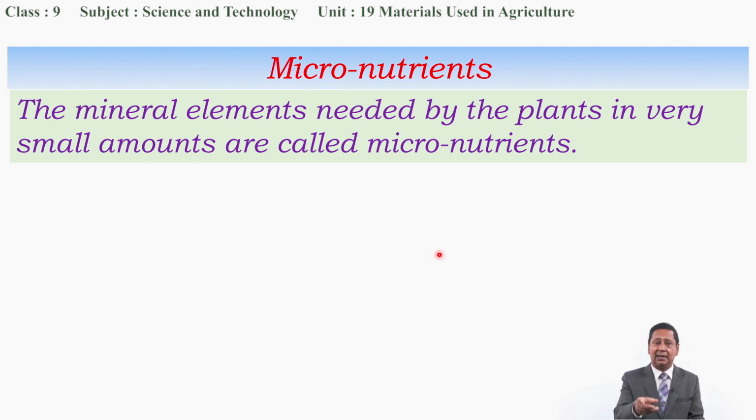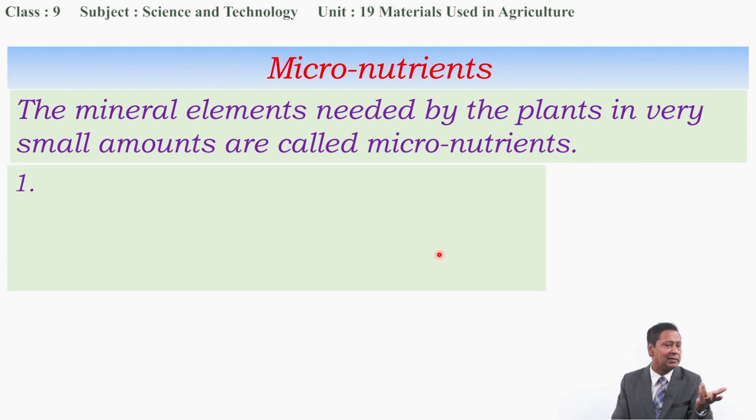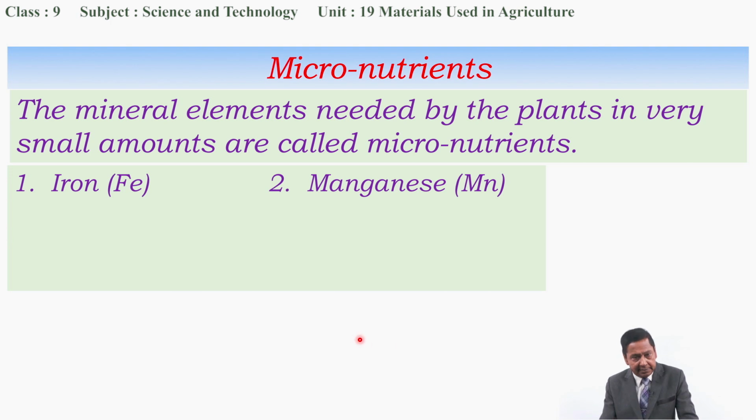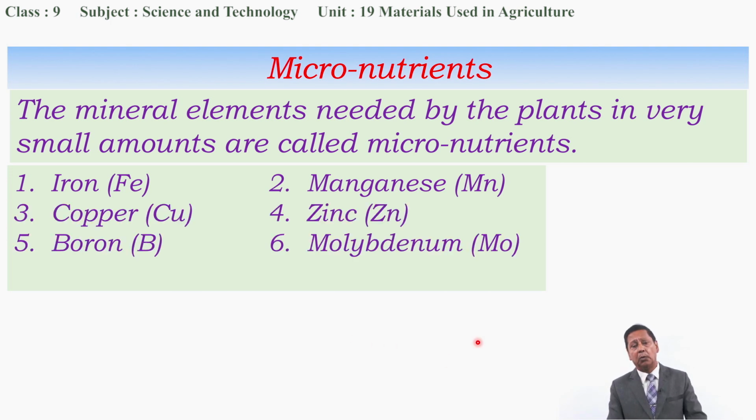In the same way, the micronutrients are required in trace amount. They are also called micro elements or minor elements. Exactly what are they? They are iron, manganese, copper, zinc, boron, molybdenum, chlorine.